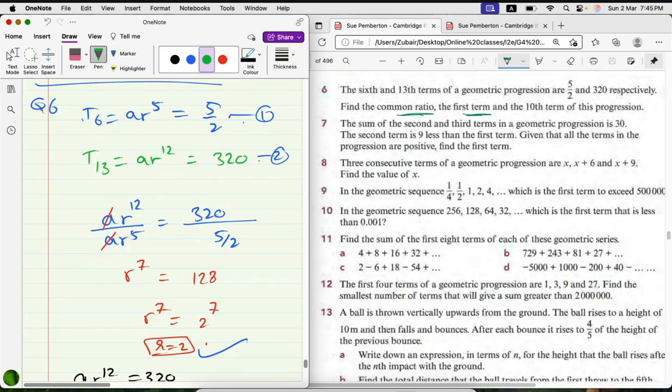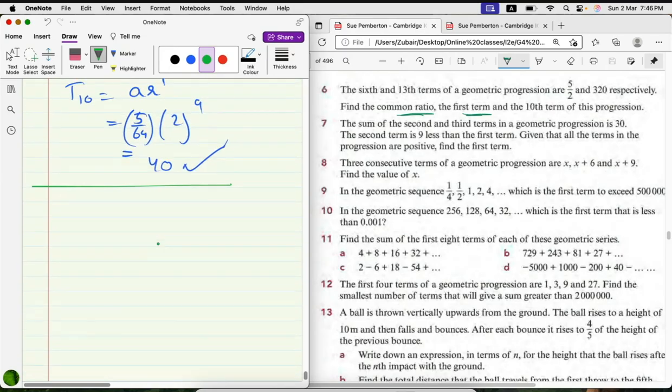Okay. Question number 7. The sum of the second and third term in the geometric progression is 30.